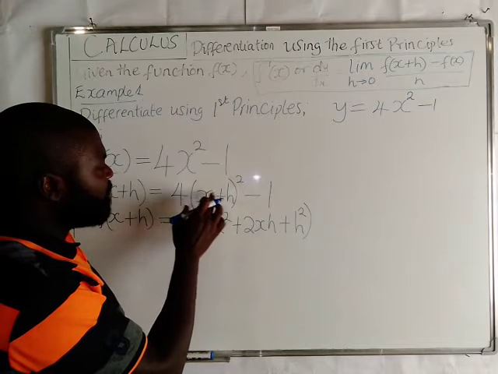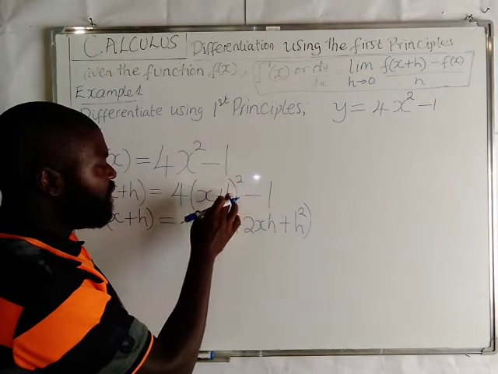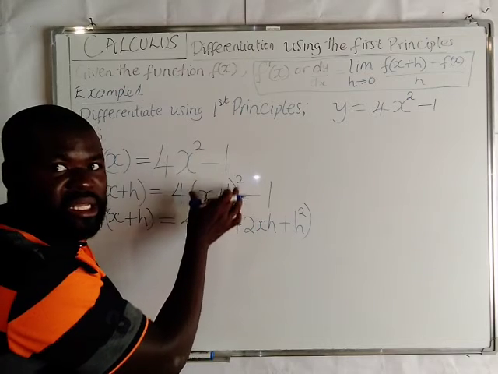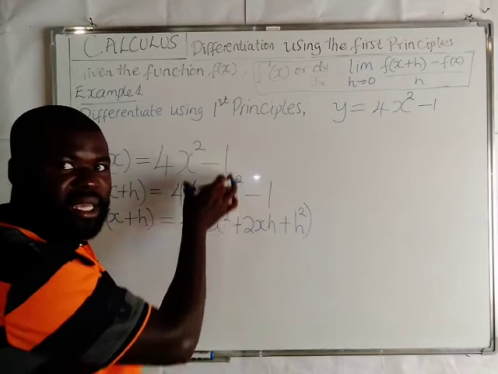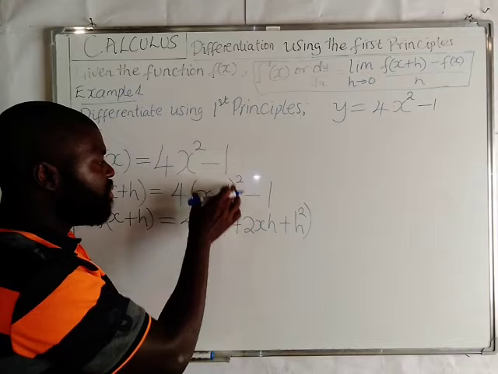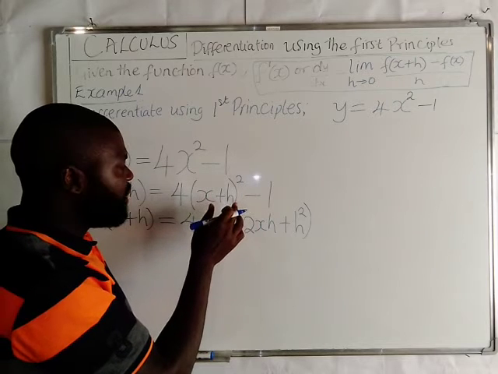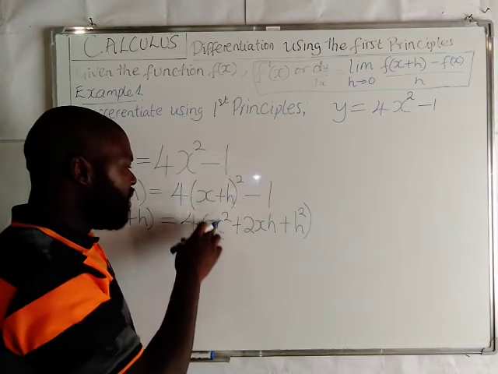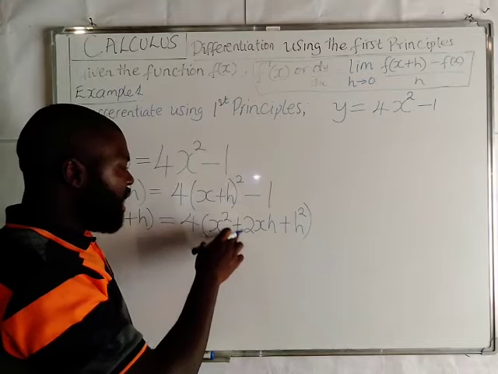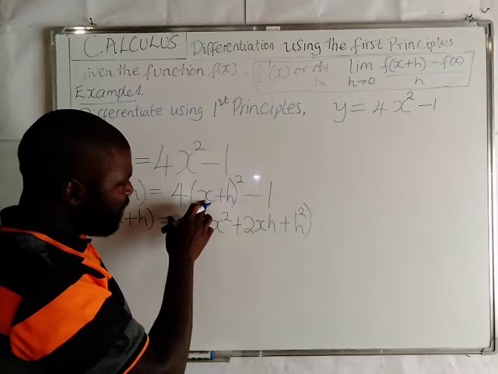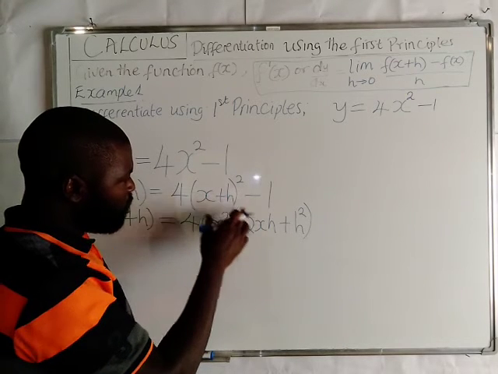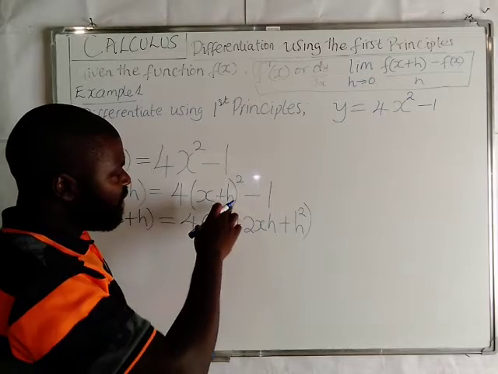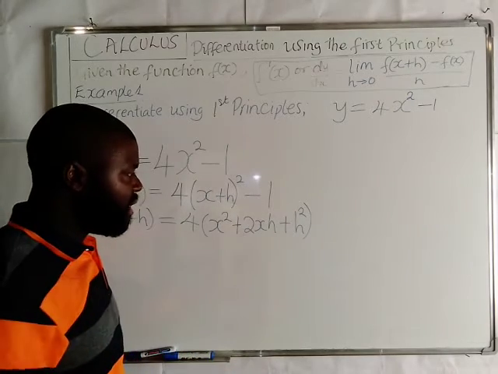When we have x plus h in bracket squared, it means we are multiplying this by itself. So when we are multiplying this by itself, we simply say this square plus this times 2, then this square is what we get there.